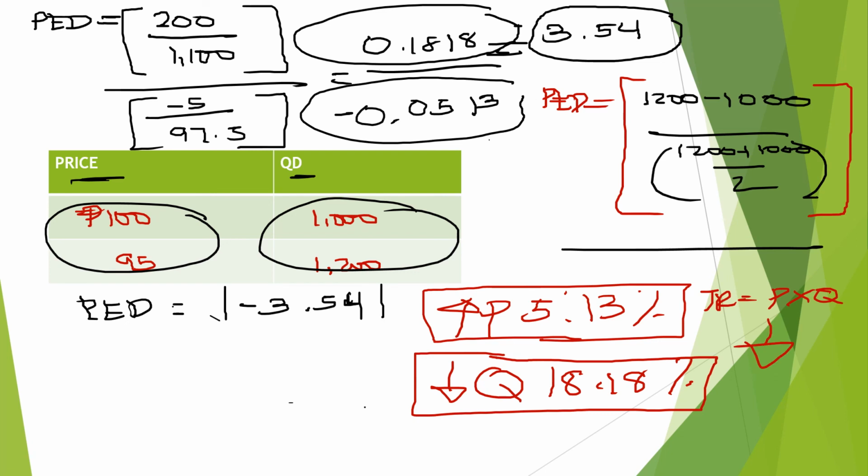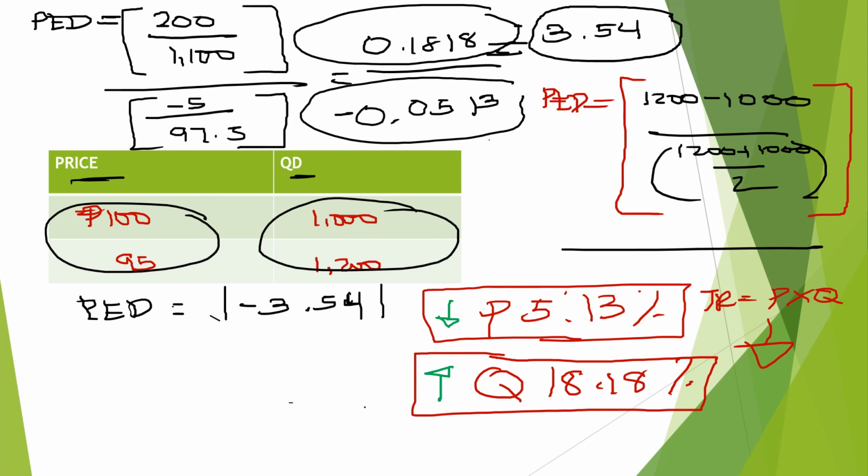Okay? But we did not do that. In this example, this did not happen. What happened was there was a decrease in the price and the quantity increased by 18.18%, which is good because even though the price was decreased, Q was able to cover up for whatever reduction in the TR.